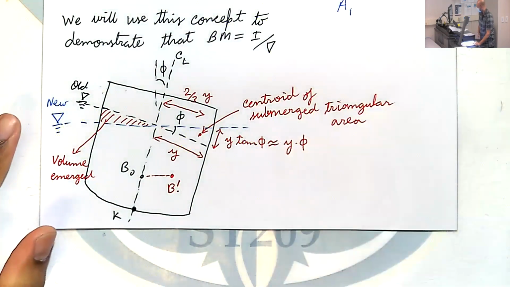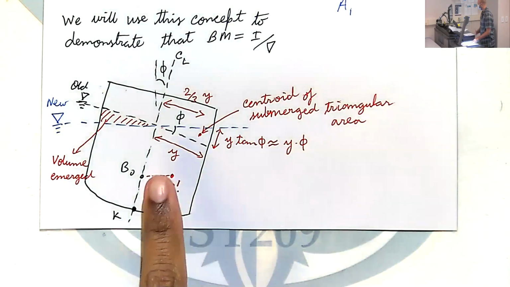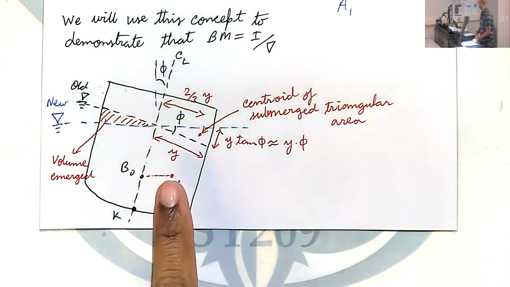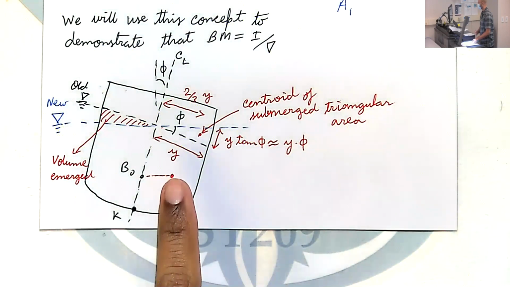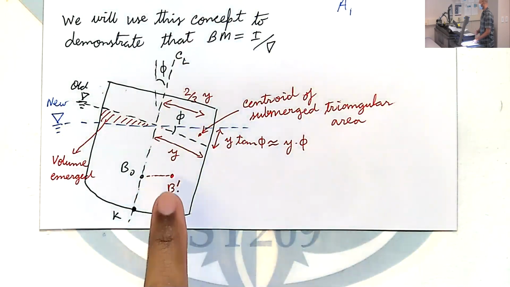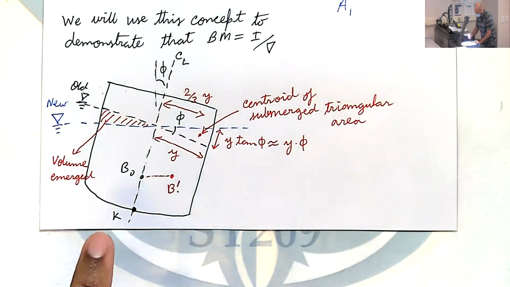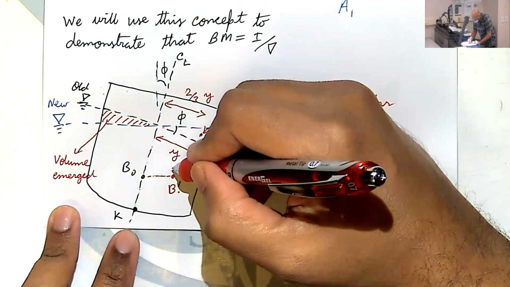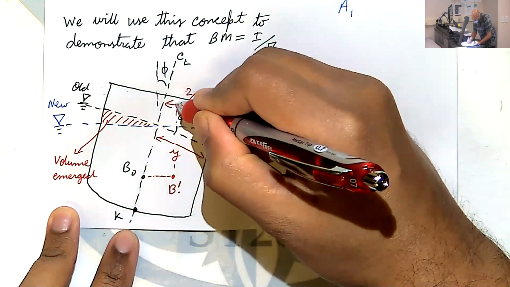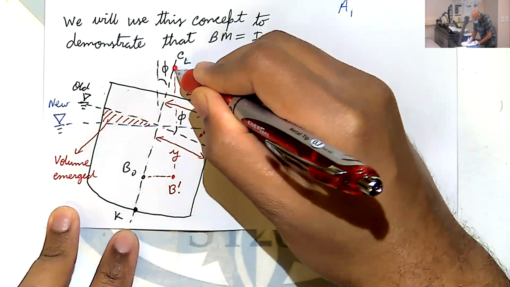Okay, getting busy. One more thing I want to mark is where the M location is. The metacenter, remember, is always straight up from the buoyancy center. So straight up, somewhere over here would be the M.